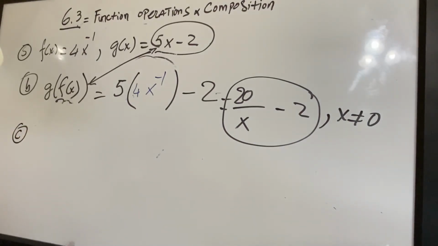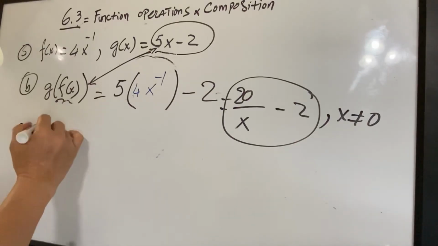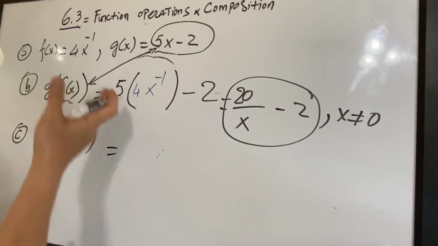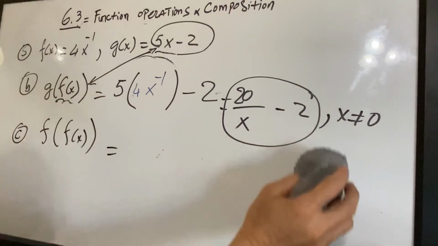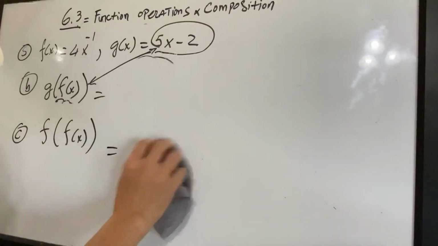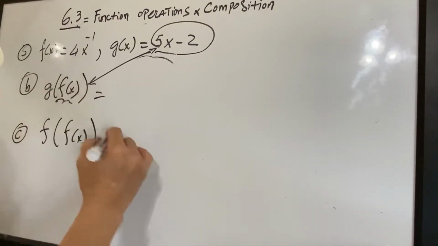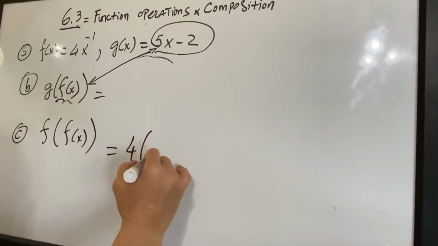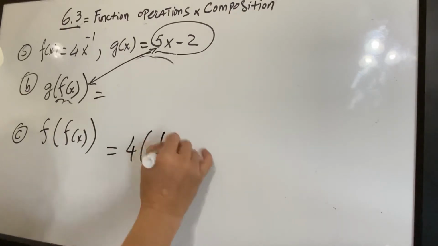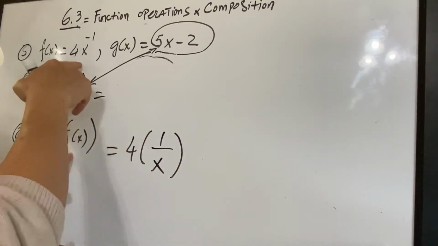Okay, C now you have a composite of itself, Mr. Deng? Well, even better. There we go. Same procedure, same process right here. Okay, what do you have here, guys? Okay, here we go. What do you have? F right here, 4. And can I put this word for you? Just 1 over x. There we go. However, your x right now is no longer x, but it's what?